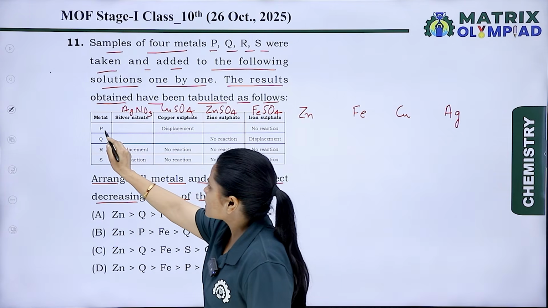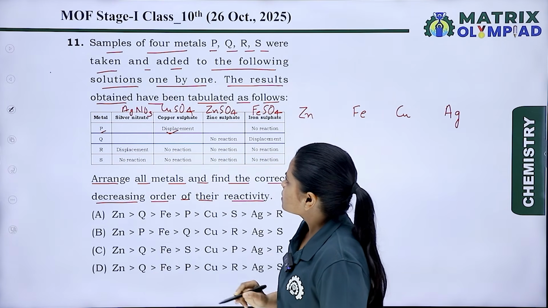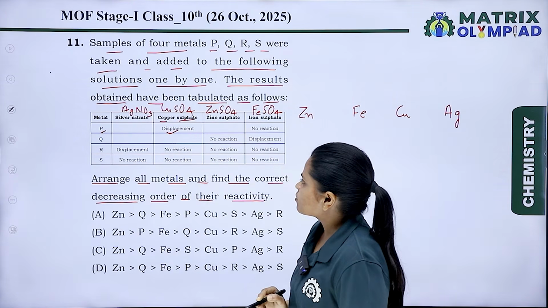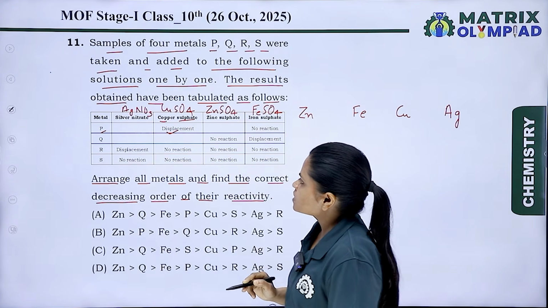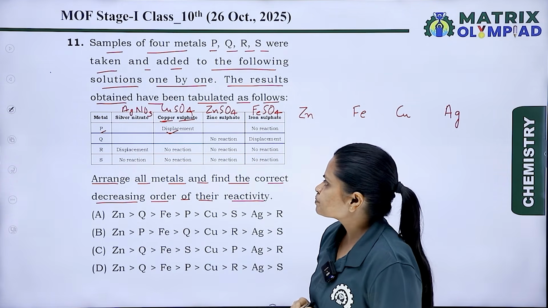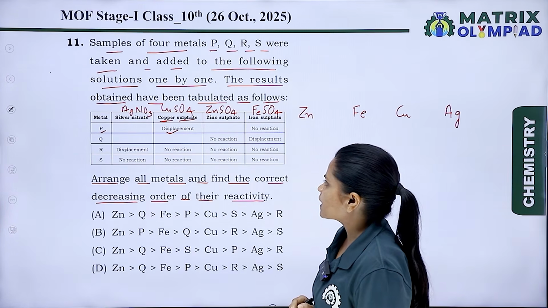Now let's check. For metal P, displacement is seen with copper sulfate solution, meaning P can displace copper from its solution as copper metal.